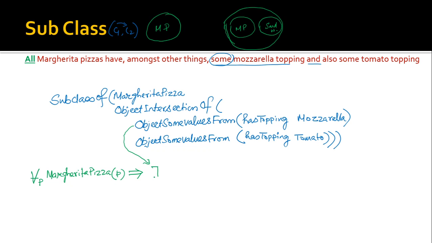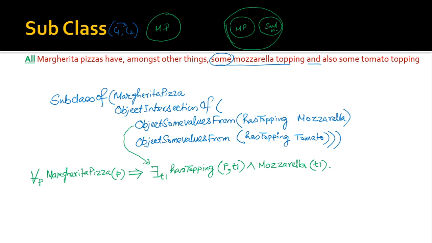So there exists, say, T1, there exists a topping which is a topping of P, or P has topping T1, and this T1 should be an instance of mozzarella.